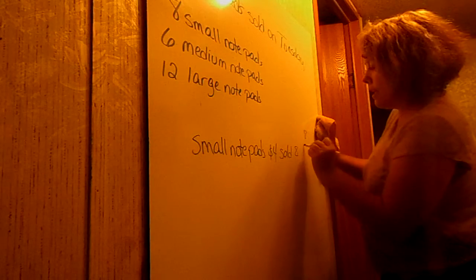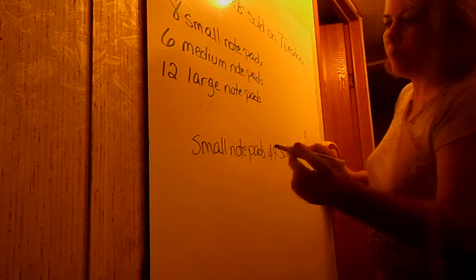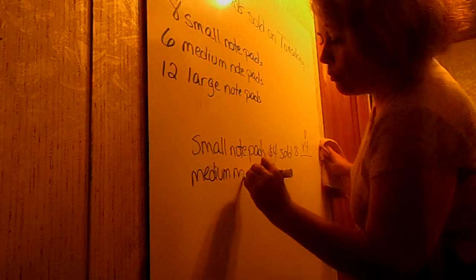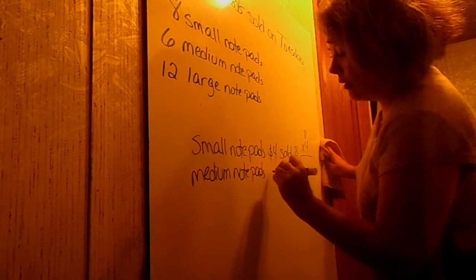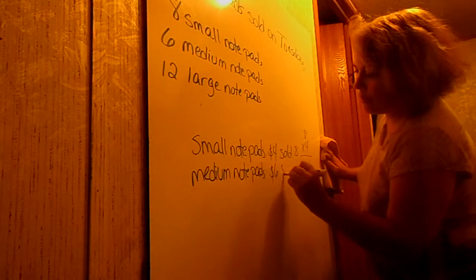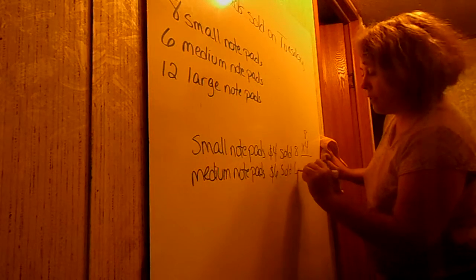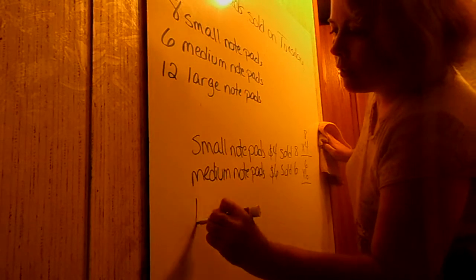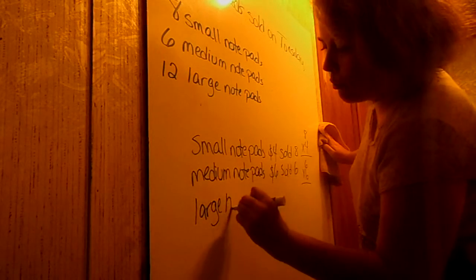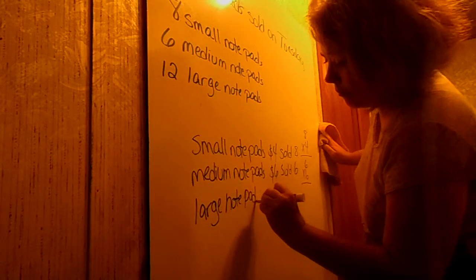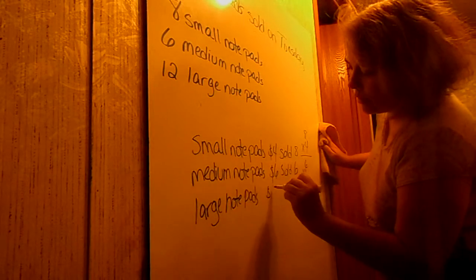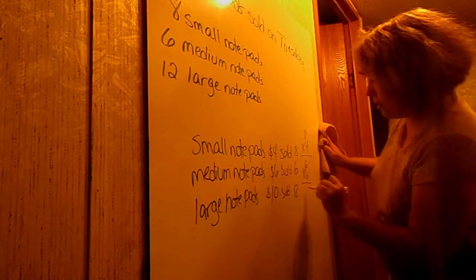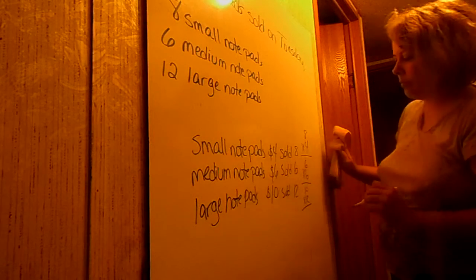You want to multiply 8 times 4 to get your number, and then you do medium notebook pad at $6, and they sold 6, so you do 6 times 6, and then large notebook pad, and they sell at $10, and they sold 12 of those, so 10 times 12.